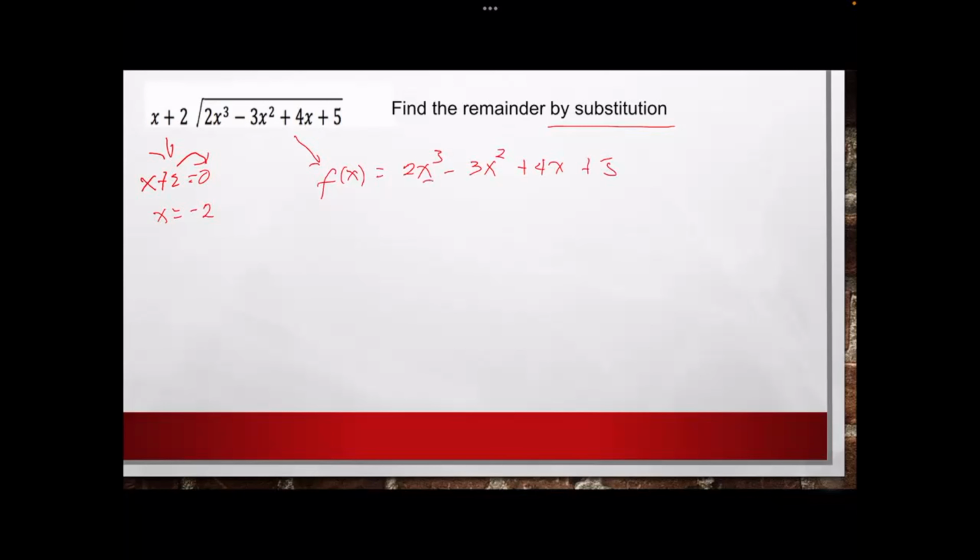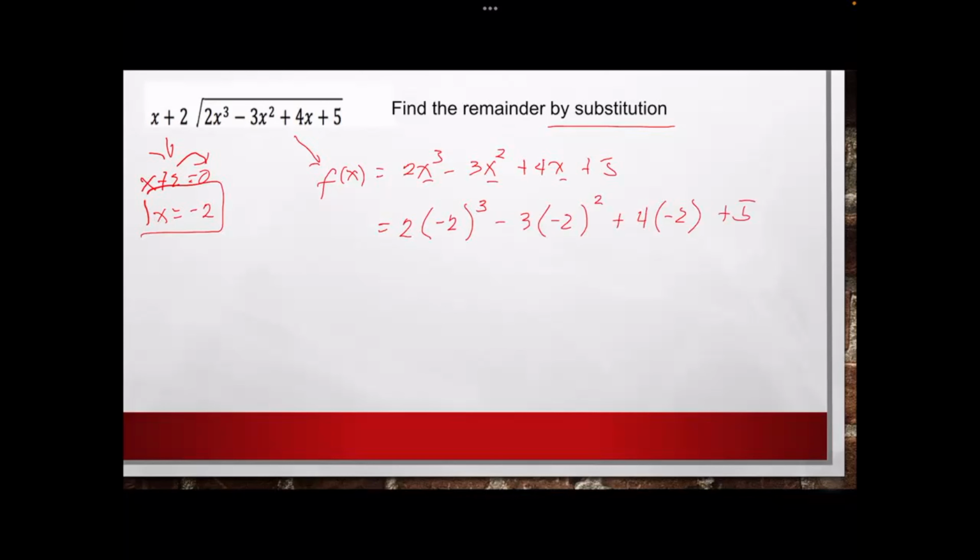Now, itong mga x na to, palitan natin ng negative 2. So, magkakaroon ka dito ng 2 times negative 2 raised to 3 minus 3 times negative 2 squared plus 4 times negative 2 plus 5.